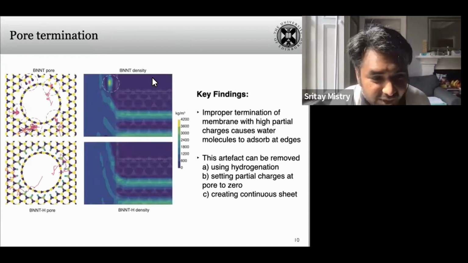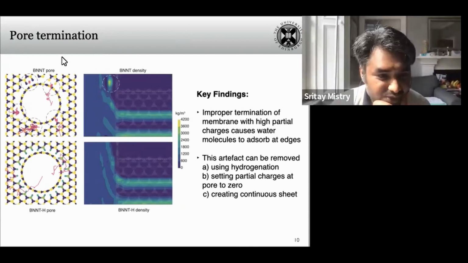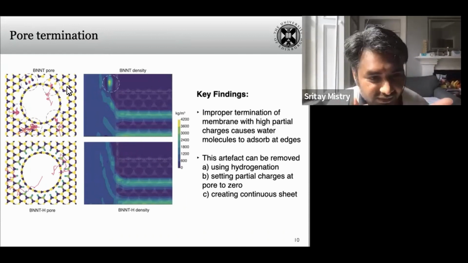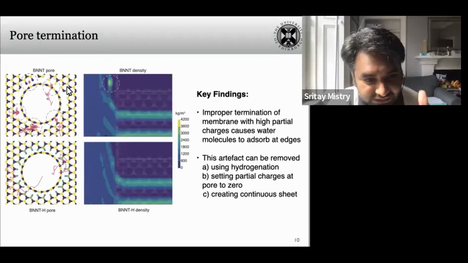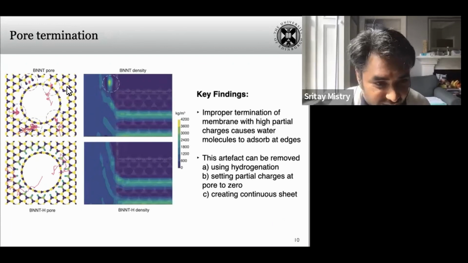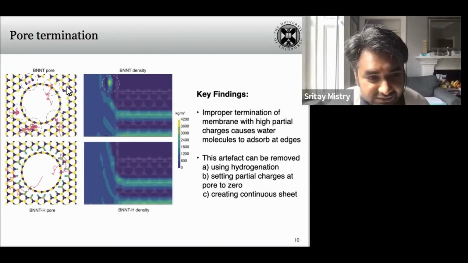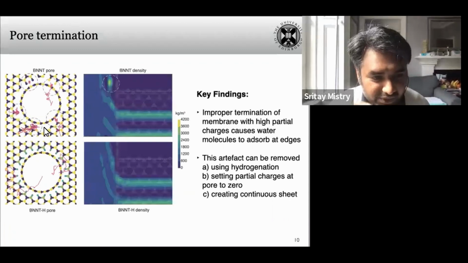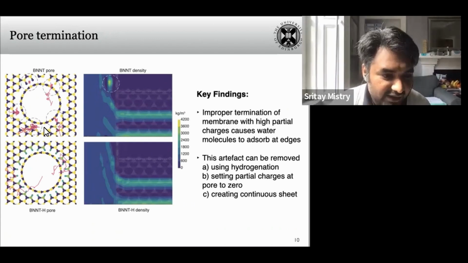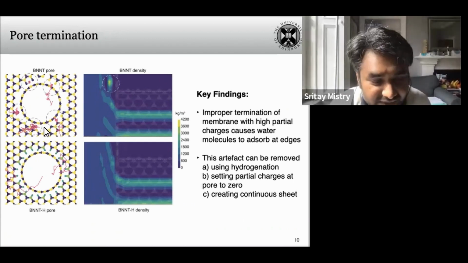When we model these in MD, we have a 2D sheet in which we cut a hole and then place a nanotube perpendicular to the sheet, centered on the hole. Now, this is fine if you have something like a carbon nanotube, but if you have something which has charges on it, like boron nitride has, you end up with these improperly terminated edges where water molecules like to stick, and you end up with that high resistance that you were seeing.